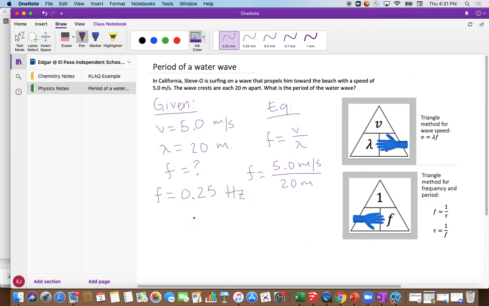Now we can use our equation for period. Tau equals 1 divided by the frequency. That is 1 divided by 0.25 hertz.